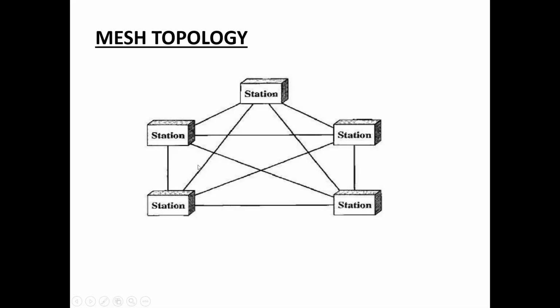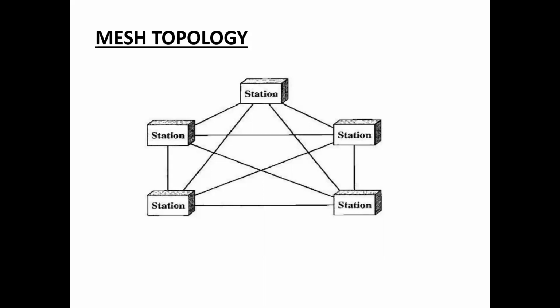So one station is connected to all other 4 stations. In mesh topology, every device has a dedicated point-to-point link to every other device. So node 1, that is station 1, must be connected to n-1 nodes. Node 2, station 2, must be connected to n-1 nodes. And the last node, station n, must be connected to n-1 nodes. That is the mesh topology.